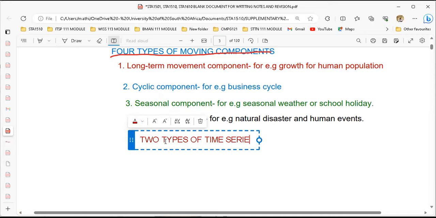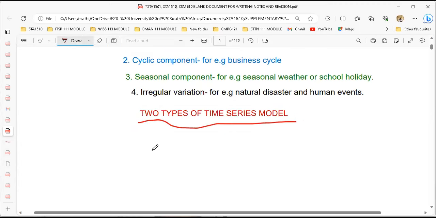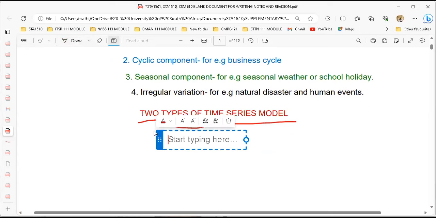The 2 types of time series model. I will start with number 1, the additive model.